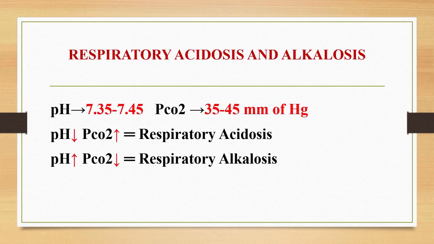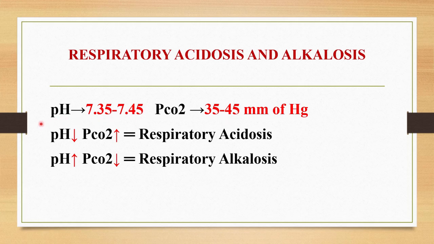Let's see how to identify respiratory acidosis and respiratory alkalosis. As I explained already, in order to find out this, you need to see pH value as well as PCO2 value. The pH normal value ranges from 7.35 to 7.45, and PCO2 ranges from 35 to 45 millimeter of mercury.